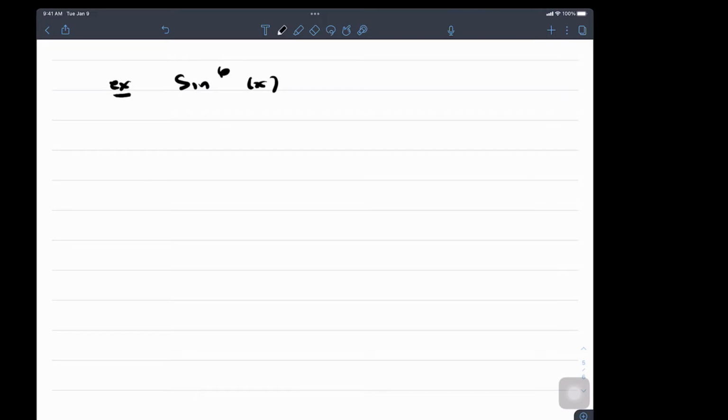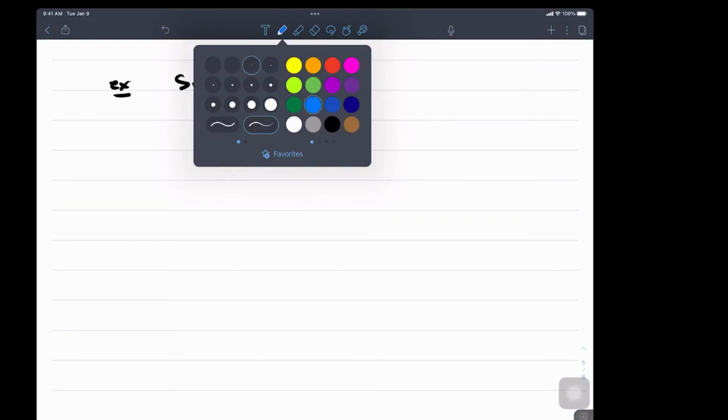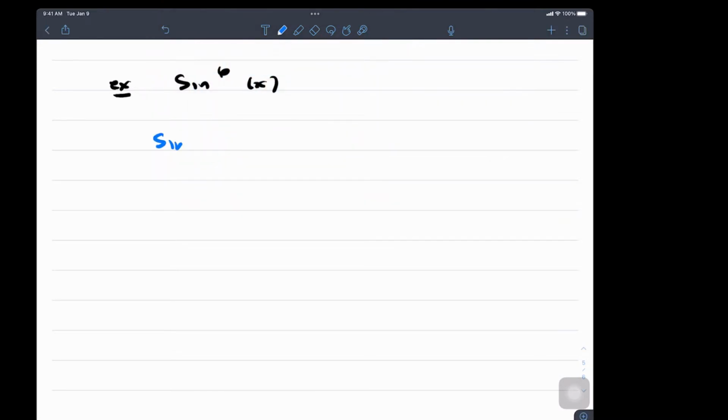Now, what do you guys think you're going to need to do here? Anybody have an idea? What do you think you're going to do? Yeah, it's going to be done this way. It is a tongue twister.